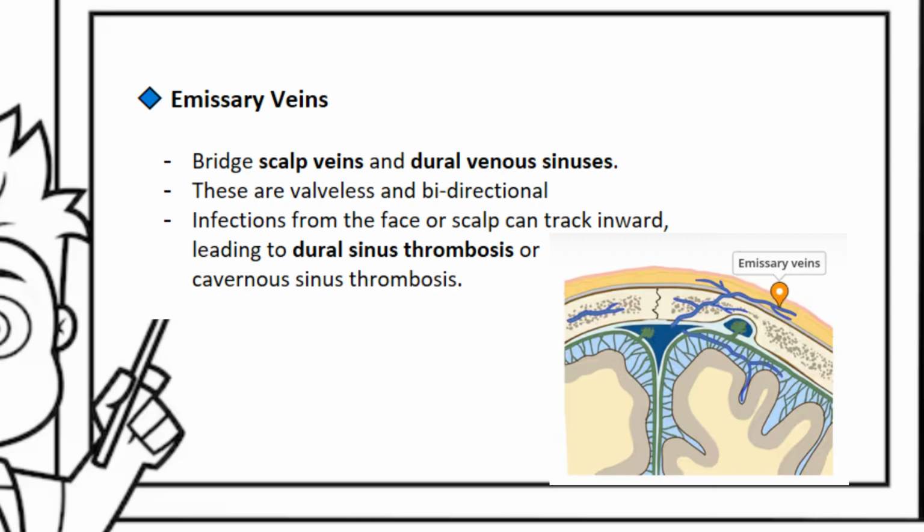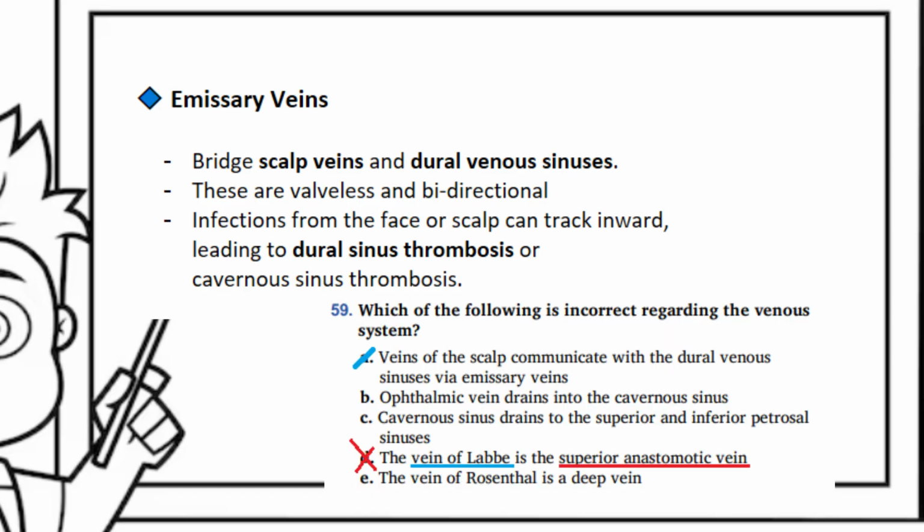Infections from the scalp or the face can track inwards, leading to something we call dural sinus thrombosis or cavernous sinus thrombosis. This is an emergency. For the sake of time, we are going to talk about this later on, but option A is correct. Emissary veins are real and they are clinically important.